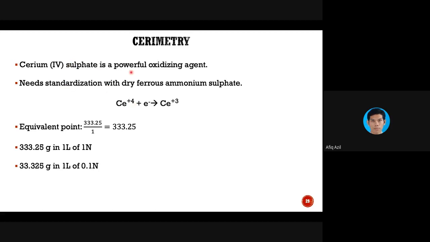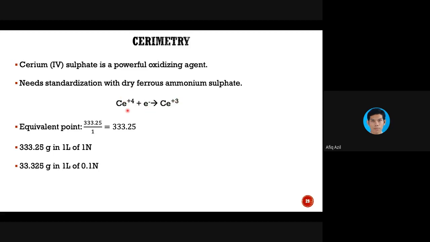This is also a good oxidizing agent, but it needs to be standardized with dry ferrous ammonium sulfate. The calculation is done this way. When you want to prepare the solution, the molar mass will be 33.25, but the difference in oxidation number is just 1, from positive 4 to positive 3.